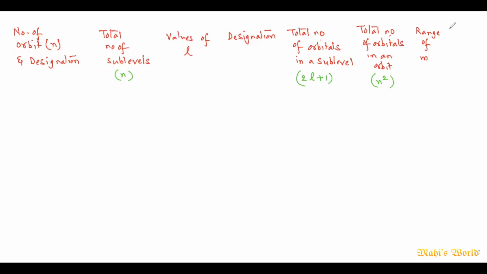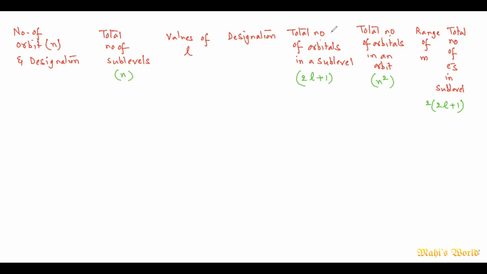Then the total number of electrons in a sublevel. When I say total number of electrons in a sublevel, the formula is, it can be given as 2 of 2L plus 1.